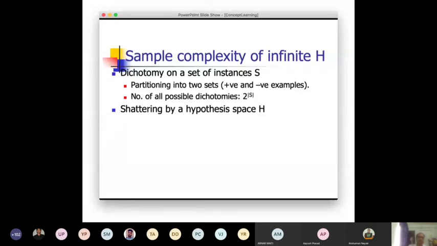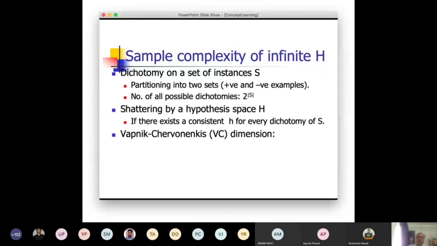Now we say a hypothesis space shatters these dichotomies if there exists a hypothesis for every dichotomy that resolves it completely without any error. So if there is a consistent hypothesis for every dichotomy, then we say that H shatters it.